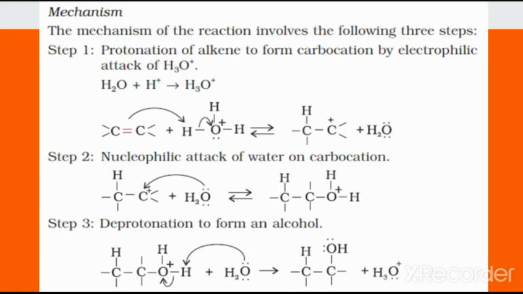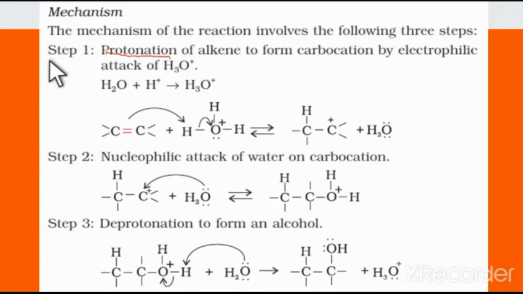Here the mechanism is very important. The mechanism mainly consists of three steps. First one is protonation of the alkene. The proton can be obtained from the acid.